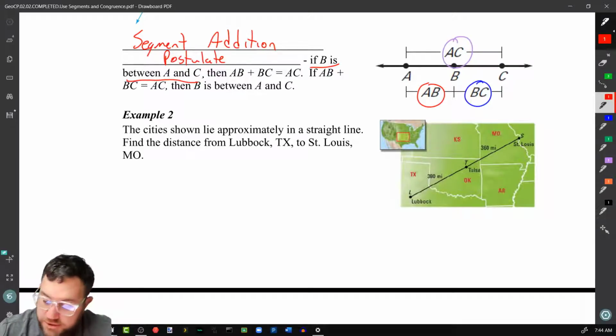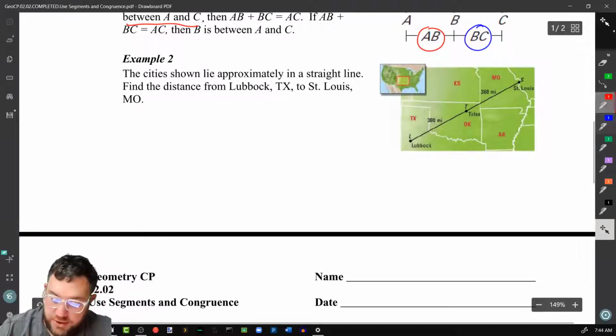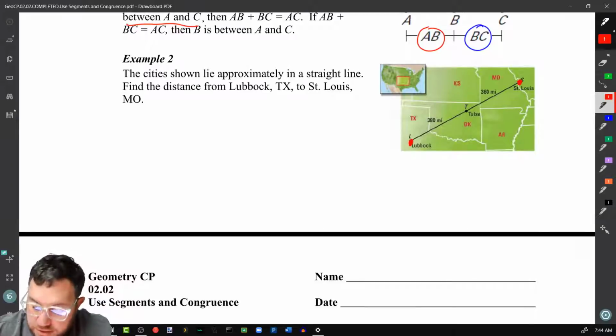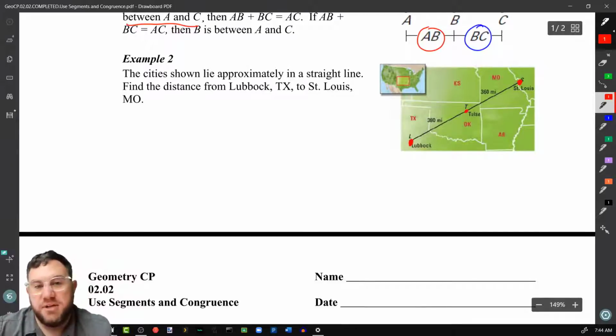So for example 2, these cities lie in approximately a straight line. Find the distance from Lubbock, Texas, which is way down here in the bottom left, to St. Louis, Missouri, which is up here in the upper right. And Tulsa is not in the middle, but it is between them because they're all on the same line.